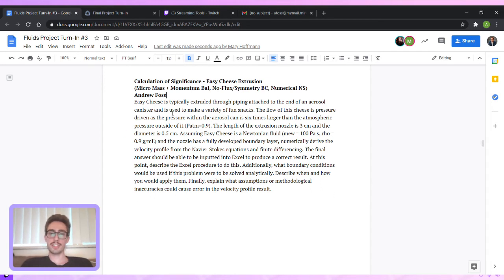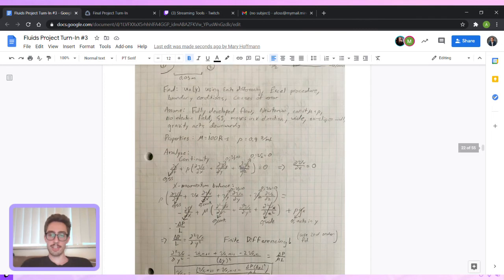In this problem, easy cheese is extruded through the tip of the aerosol can, and we are given some information about this, and we are asked to find the velocity profile.